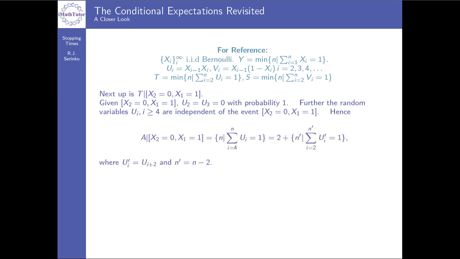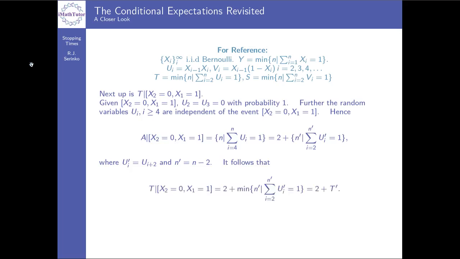So now our set A, conditioned on the first toss being a head and the second a tail, is equal to this. Notice all we've done is start our summation at 4 because the first two terms are 0, and again define new random variables and n prime so that we can start the sum at 2.